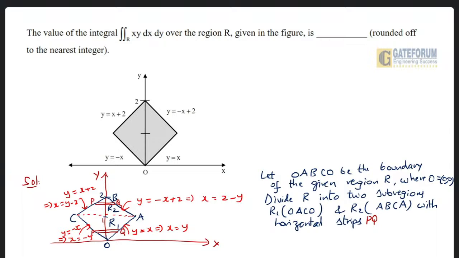So this horizontal strip is moving from the origin to the number 1 only, that is the CA line only. Slide that strip from the origin to CA. Next in R2, move the horizontal strip from this dotted line to the number 2. So 1 to 2 are the y limits. Or you can find the extreme boundary points, the points of intersection A, B, C, by solving the corresponding two equations. In that way also you can get the y limits in each region R1 and R2. Okay.